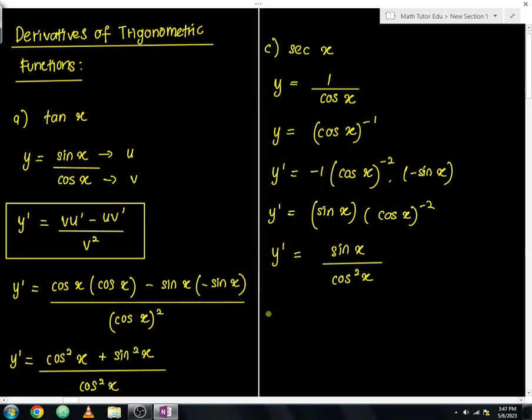For the next step, I'm going to factor out the cos x. So y prime will be equal to 1 over cos x, and then times sine x divided by cos x.